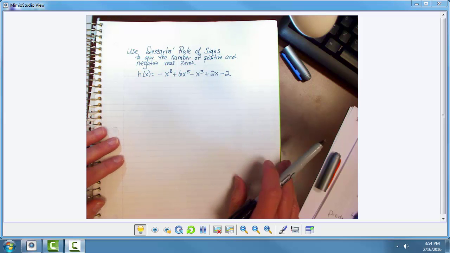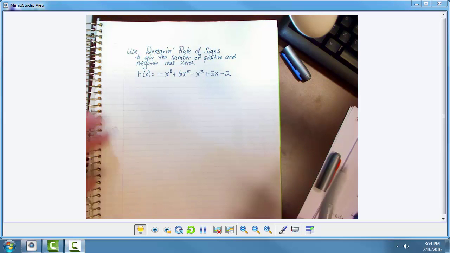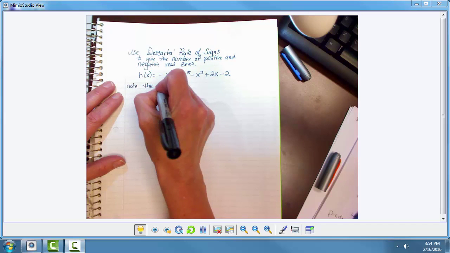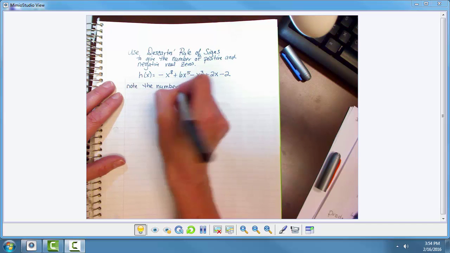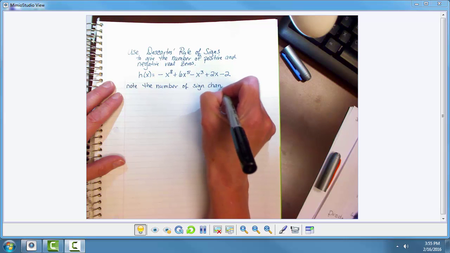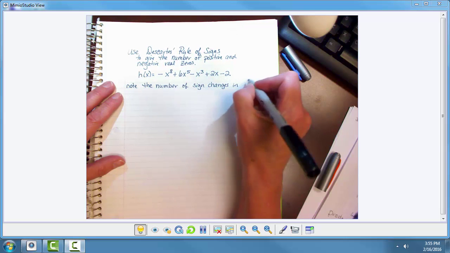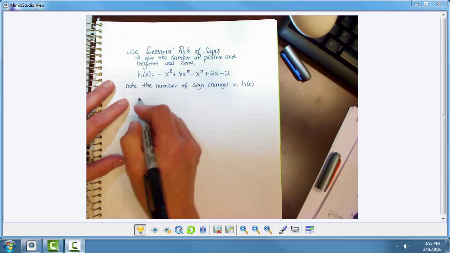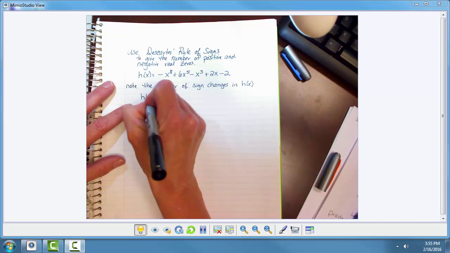So to use Descartes' rule of signs, note the number of sign changes in the given function. In our case, it's h of x. So I'm going to rewrite it down here so I can mark on it a little bit.